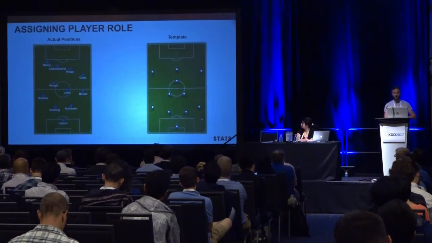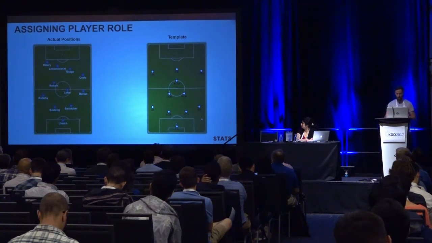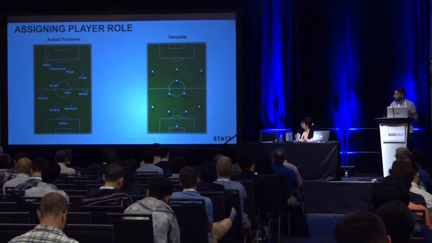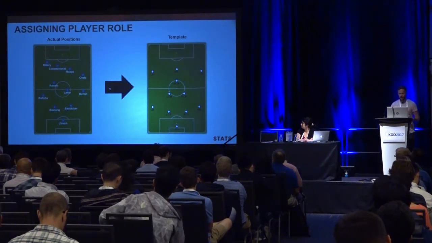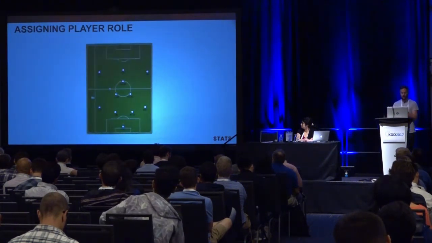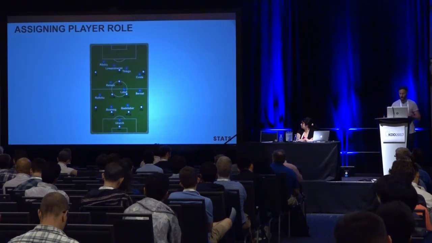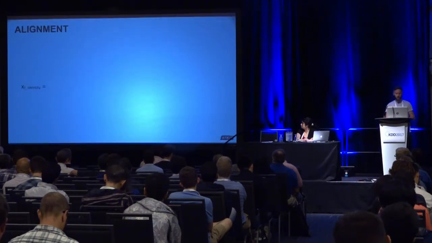Now that we've got a formational template, we can look at where the players actually are. This is my template. Can I align these two over each other and assign a role to a player? What is he actually occupying? To do this, we use simple linear assignment.